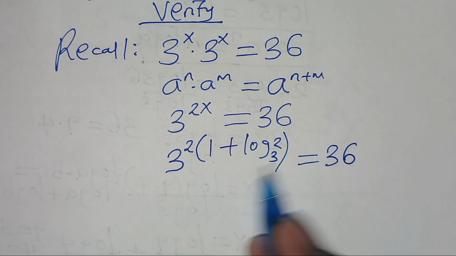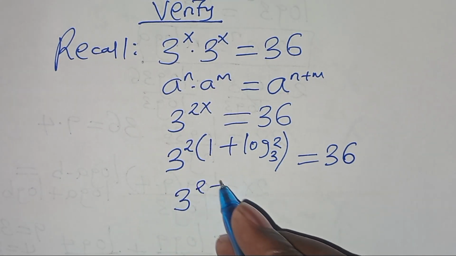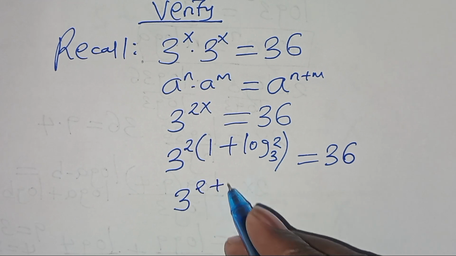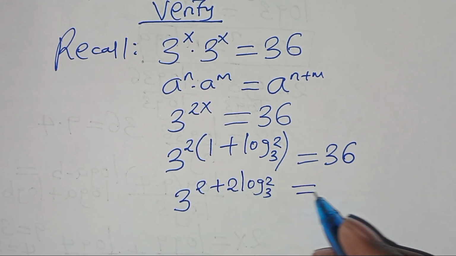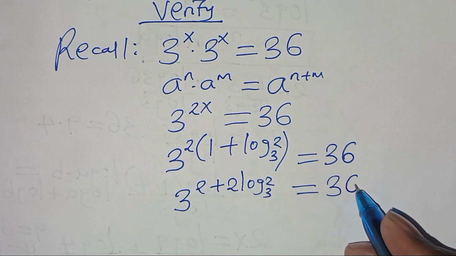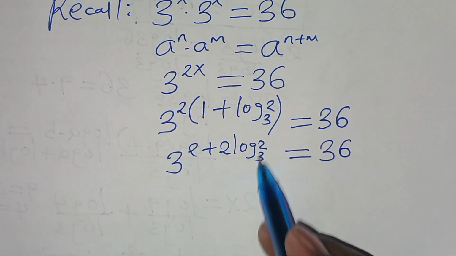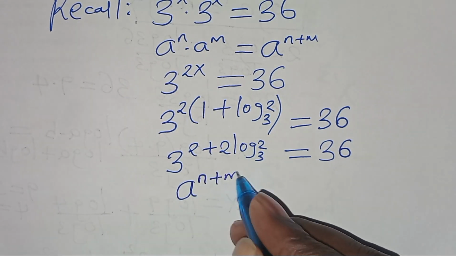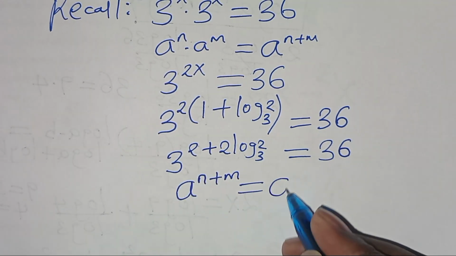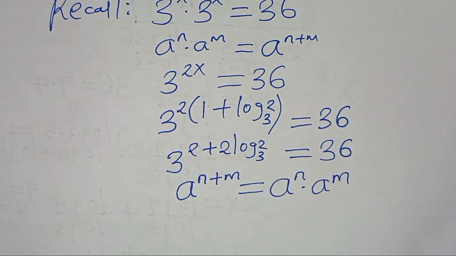So let's open the bracket here. So we'll have 3 to power 2 times 1, this is 2, plus 2 times log 2 to base 3. This should give us a value of 36. Now, 3 to power 2 plus 2 log 2 to base 3, this is in the form of a to power n plus m, which we can express as a to power n times a to power m.